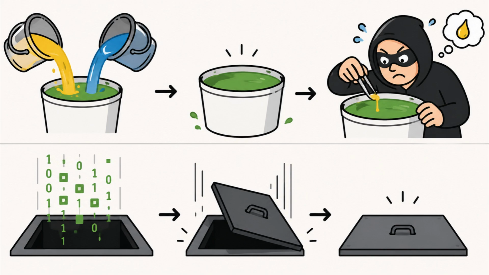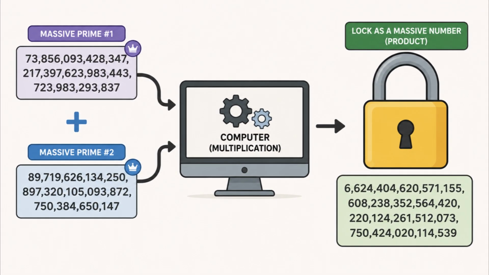You just cannot, right? Algorithms like RSA use prime numbers to create this trapdoor. Your computer easily multiplies two massive prime numbers together to create a lock. But a hacker's computer would take millions of years to factor that massive number back into the original primes. They can drop the data through the trapdoor, but they cannot climb back out.